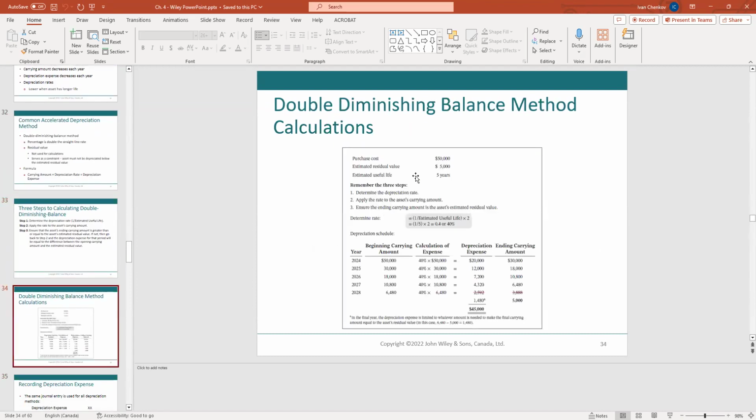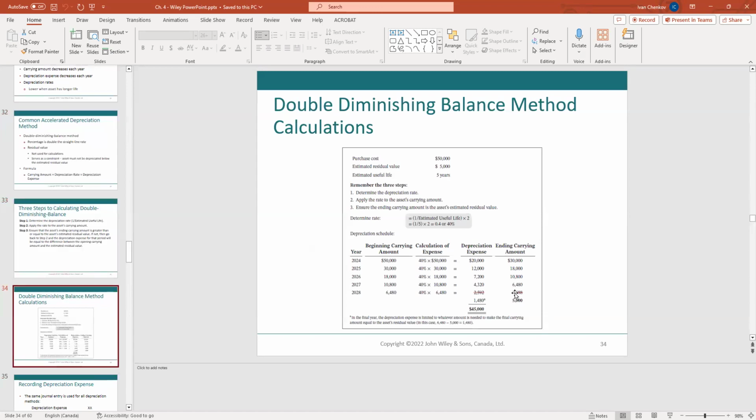So our calculation will be 1 divided by 5, which is 20%. We're going to double it because we're using the double declining method. It's going to be 40%. Every year we apply that percentage to our carrying amount, and we make sure that the carrying amount doesn't go below the residual value.